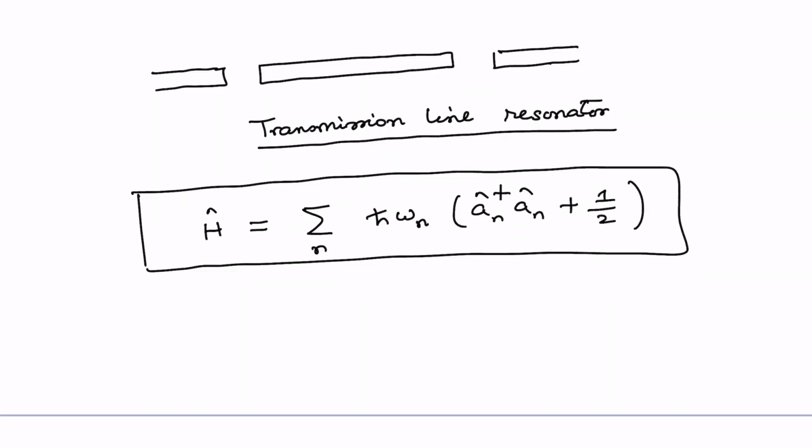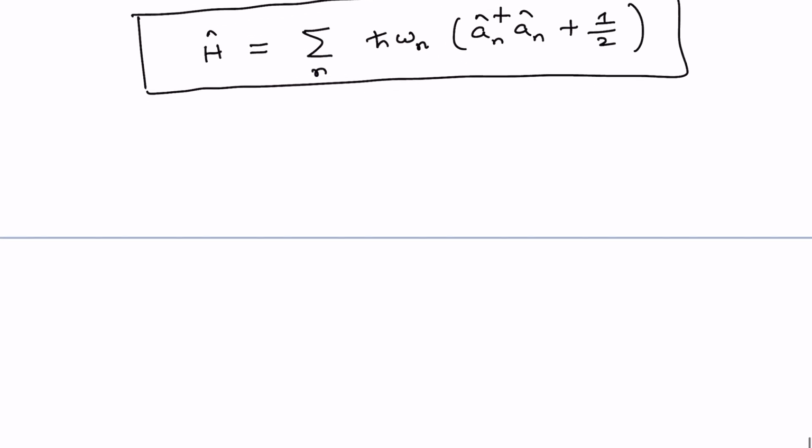Now you also saw earlier that in the case of a transmission line, the signal that propagates through the transmission line is due to the voltage wave or a current wave. Now the voltage being a quantum quantity, when we are considering a quantized transmission line resonator, it is expressed in terms of certain annihilation and creation operators for a single unit cell.